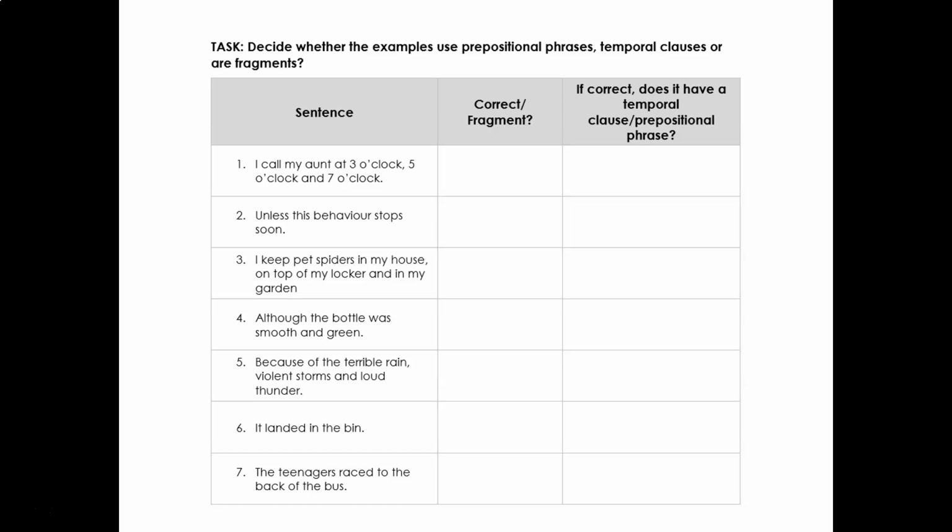Is it to do with time, or is it to do with where something happens? Okay, time or place. So in the first one, I call my aunt at 3 o'clock, 5 o'clock and 7 o'clock. Well, we have a subject and a verb. Okay, so it is correct. And I can see that this is temporal. This is to do with time.